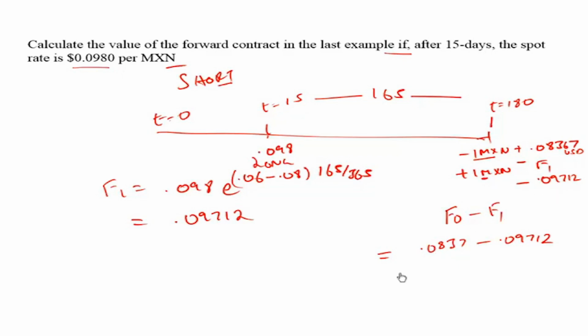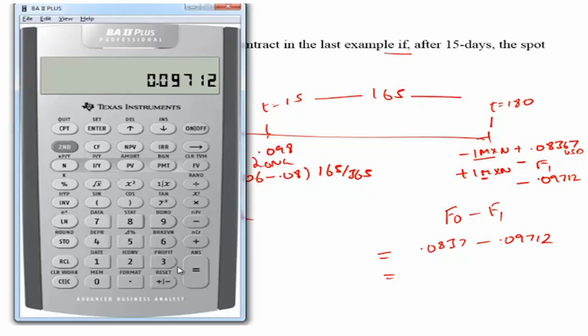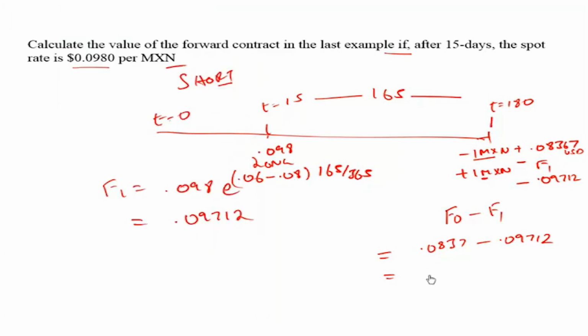That is, he is having a loss of 0.0837 minus 0.09712. This is the loss in US dollars, which will come out to be minus 0.01342. This is the loss that will happen at t equal to 180.